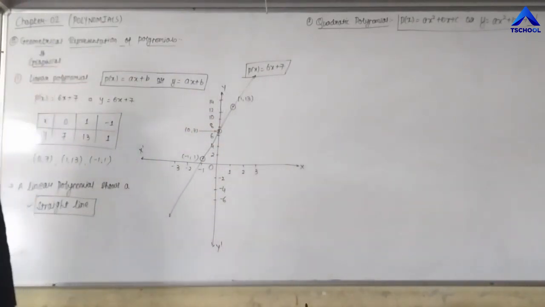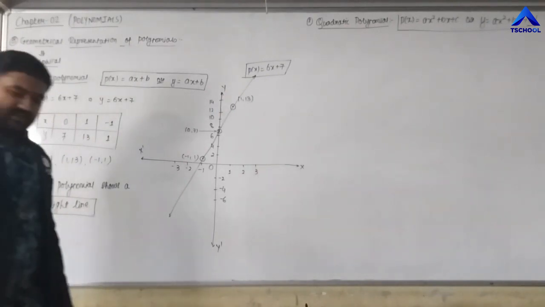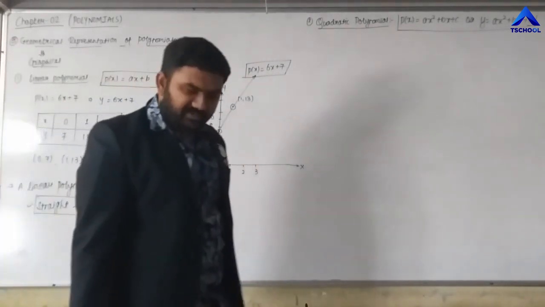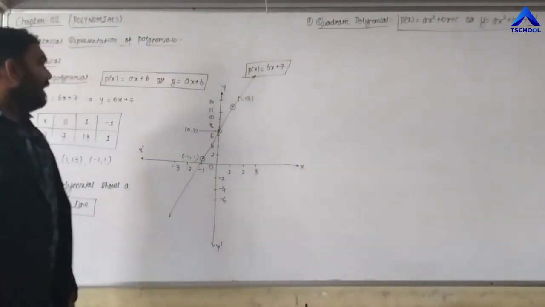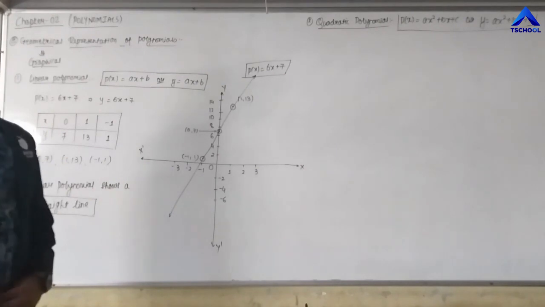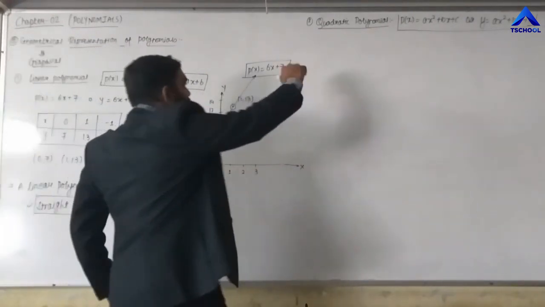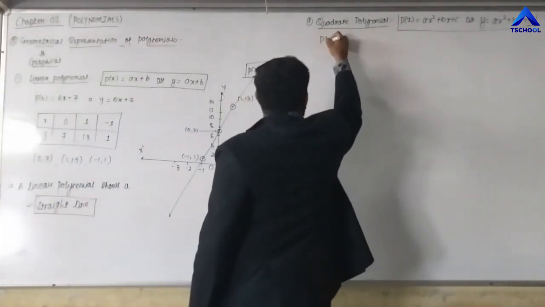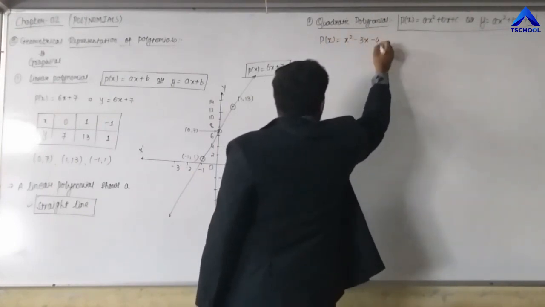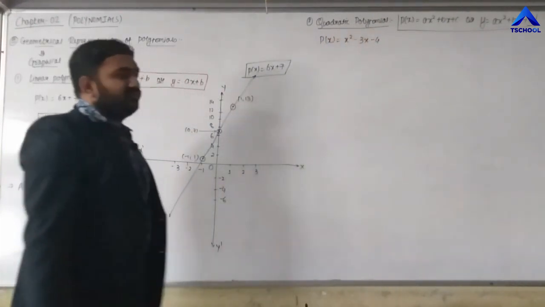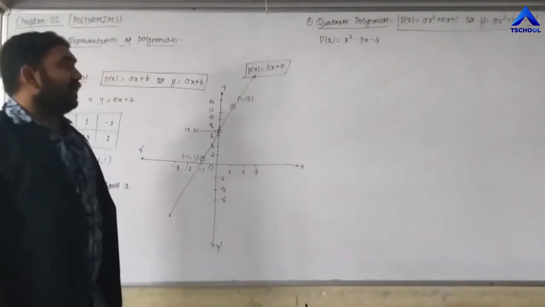Now, this is somewhat similar to a quadratic equation. Who knows a quadratic equation, right? But we are not going to equate it to 0. We are going to equate it to y. Let us say, for example, p of x equals x square minus 3x minus 4. I need the graph of this.